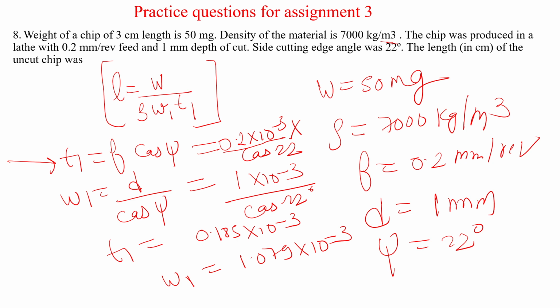Yes, sir. Right now? Then just put this in and then L you will get around how much? 35.78 into 10 to the power minus 3 meter. This weight will be 50 into 10 to the power minus 3. Sorry, 6. T1 is coming 0.203 into 10 to the power minus 3 meter? 0.185 it is coming.